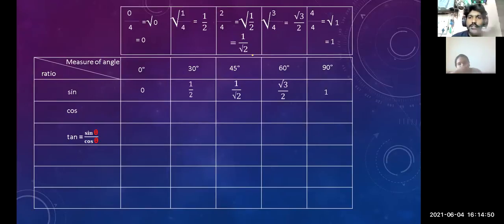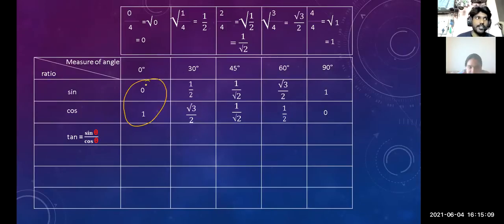Then cos is the opposite of it, so you write it the other way around. So 1, root 3 by 2, 1 by root 2, 1 by 2, and 0. And then tan theta is sine divided by cos, so you have to divide this. 0 divided by 1 is 0. 1 by 2 divided by root 3 by 2.